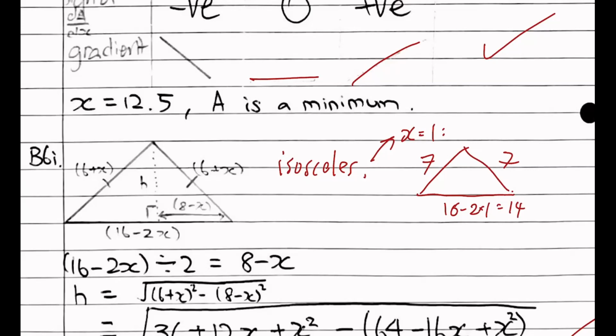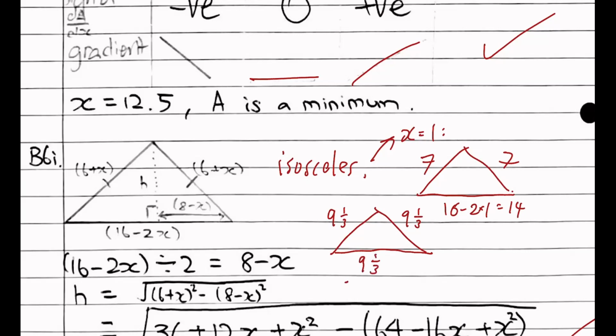How about the other guy? If x equals 10 over 3, 6 plus 10 over 3 is 9 1/3. How about the other one? 16 minus 2x. Oh, it's 9 1/3 as well.